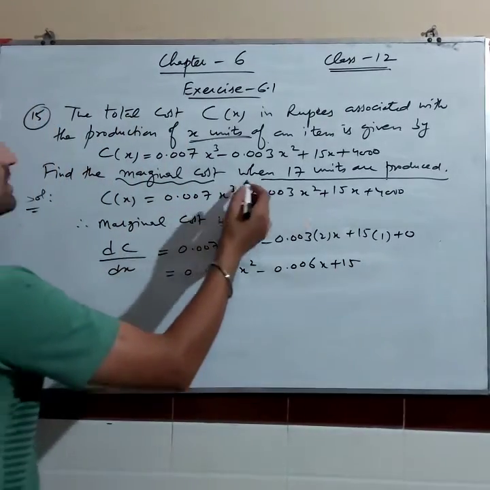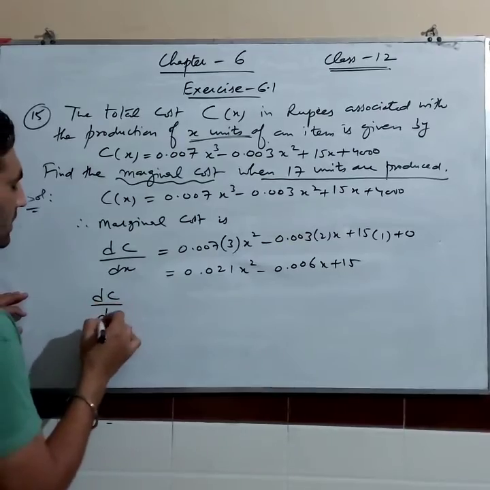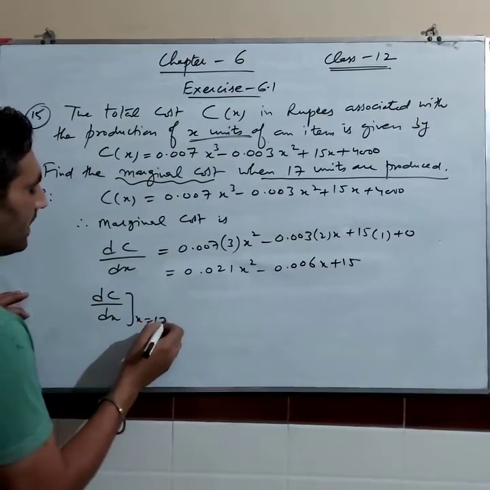Now we have 17 units produced, so we will find the answer at x equal to 17.